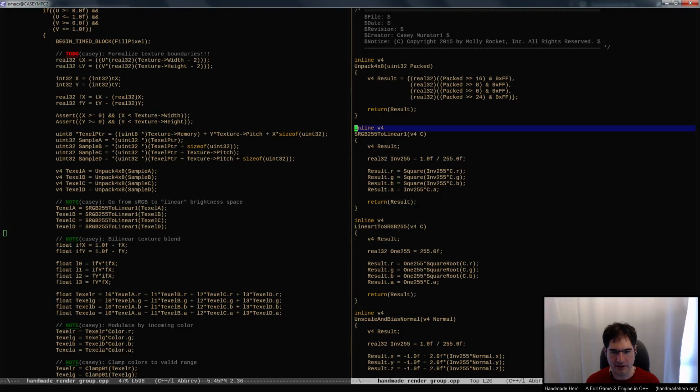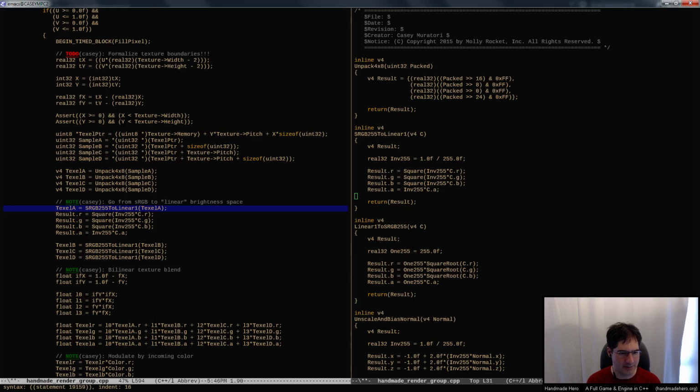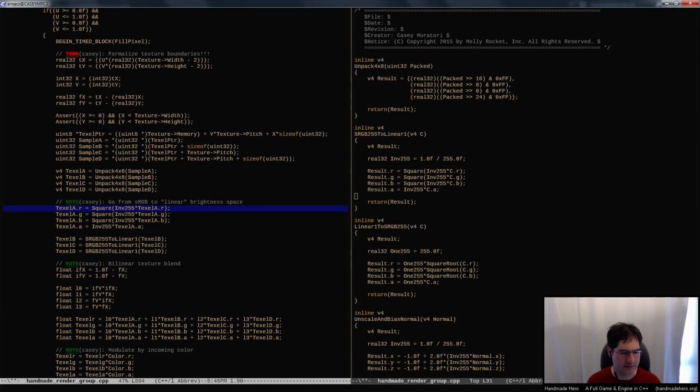So sRGB to linear, right? This has to unpack each of these texels. I don't think there's very much we can actually do to make this work any better than it actually does, unfortunately. But basically, if we are to take each of these guys here, just texel A, texel A, texel A, texel A, like so, and then we just modify it in place, that. I think that's basically what we're looking at.